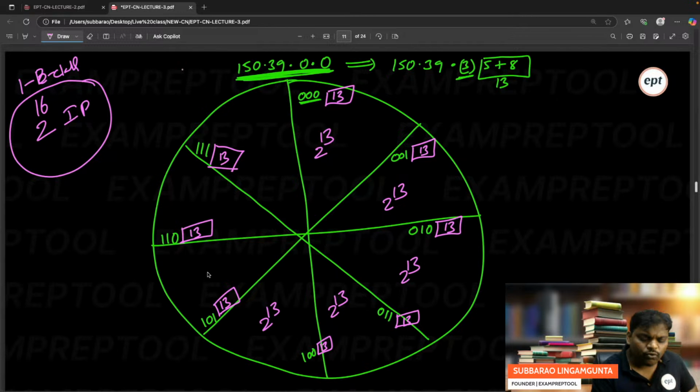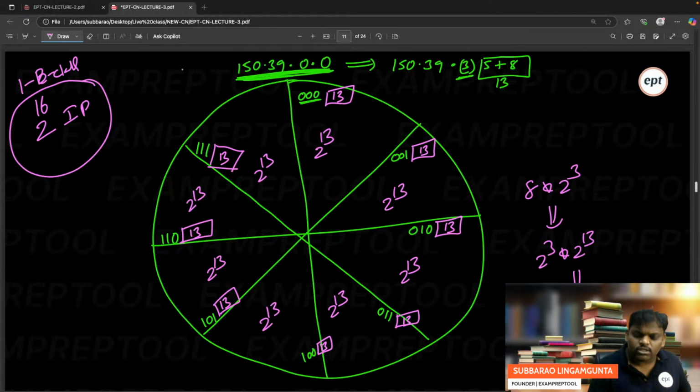Minus 2 gives the hosts. Everyone has 2 power 13 IPs. So 8 times 2 power 13 is 2 cube into 2 power 13, which is 2 power 16. There is no change. If you don't divide, one class B is 2 power 16 IPs. After dividing also it is 2 power 16 IPs only.